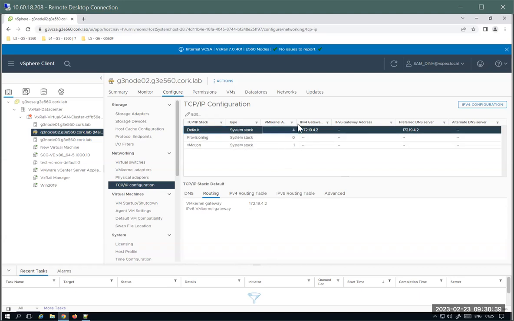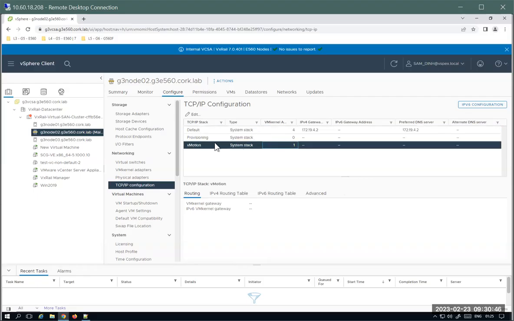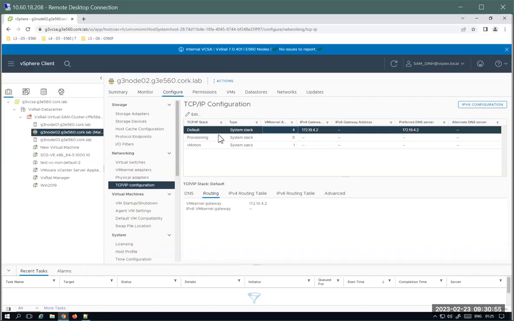In a new configuration we will have up to 3 only, 0 to 3, and 1 connected to vMotion. But if the cluster is an old cluster, we may see default only.